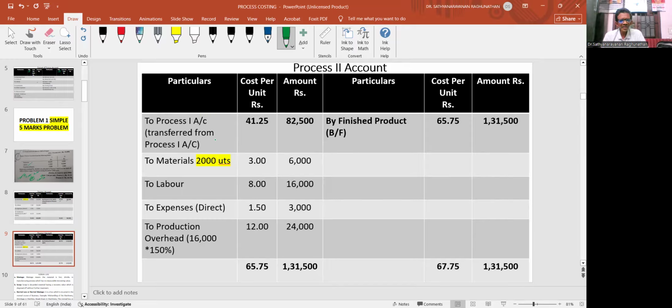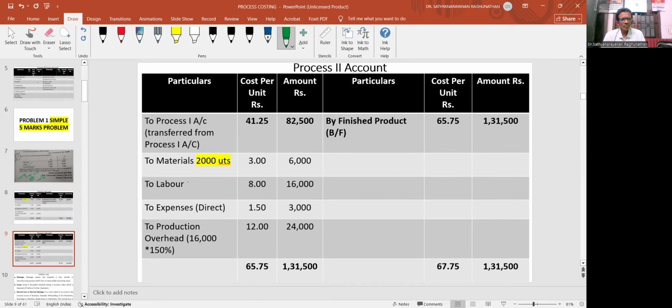Like that, within bracket, I have written. So under any circumstances, under the process 1 account, process 1 account should not appear. Under any circumstances, under the process 2 account, process 2 account should not appear. Please take this into consideration.